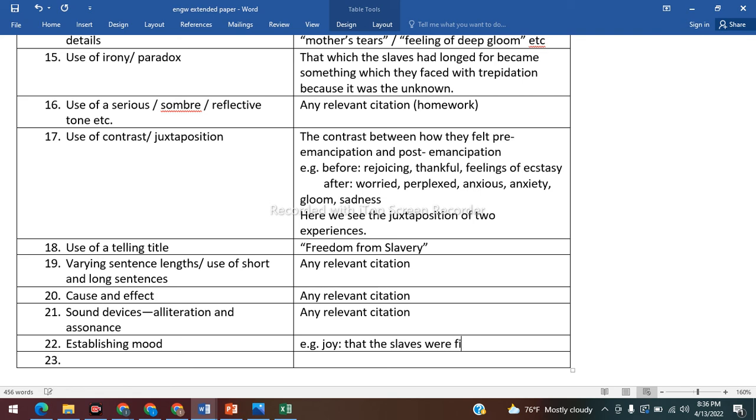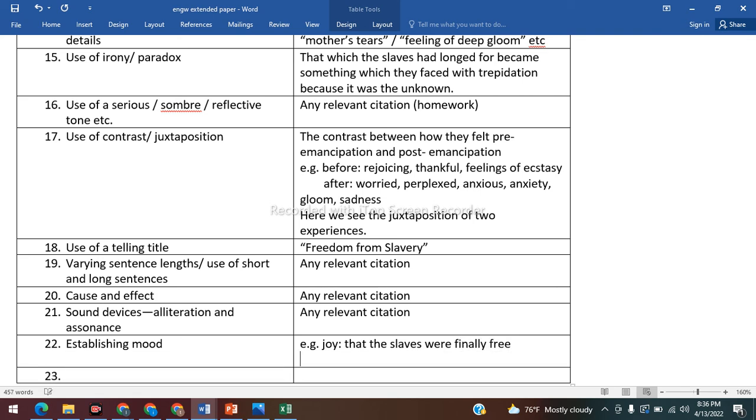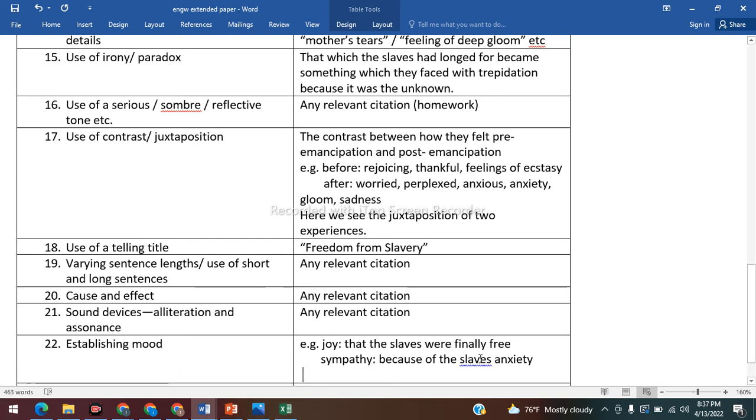Melancholy? Why melancholy? That they were worried what will happen next. So you're feeling sympathetic then, because of the slaves' worry, anxiety. Right?